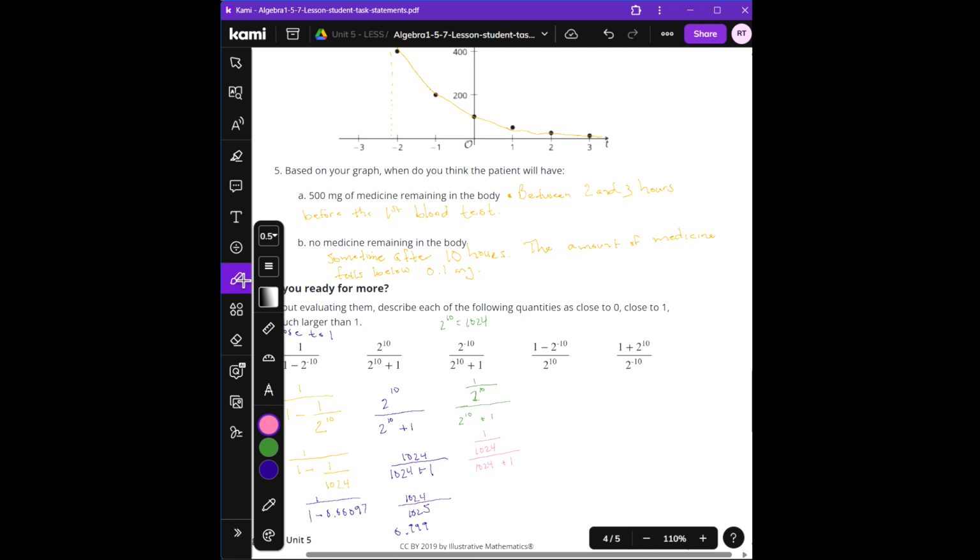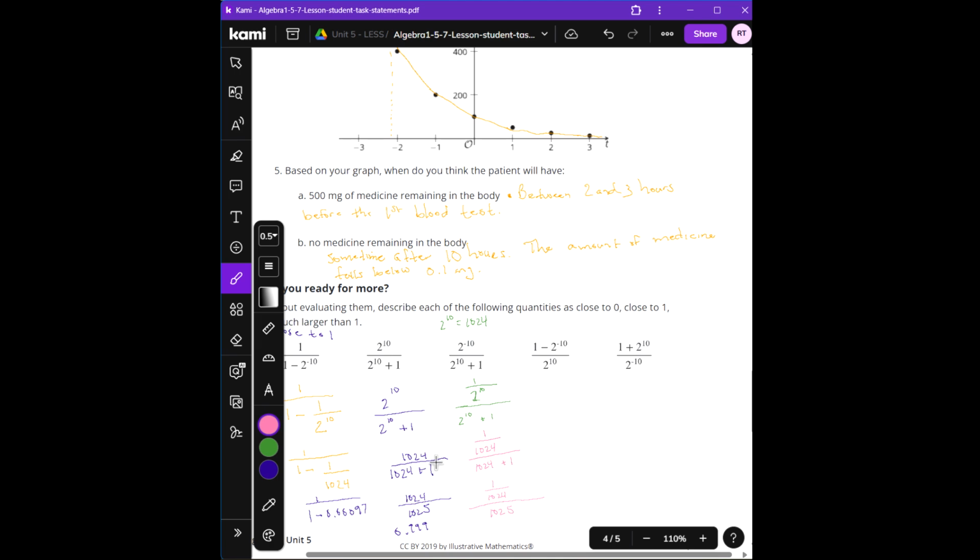All right, so now we need to do our next step. I'm going to do it over here. Let's just do 1 divided by 1024 divided by 1025.